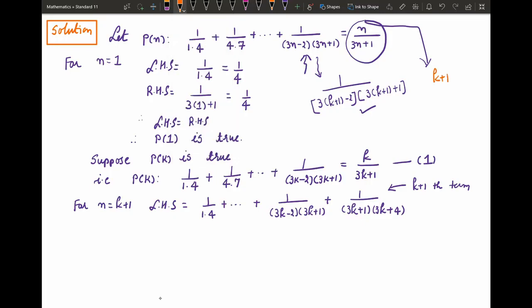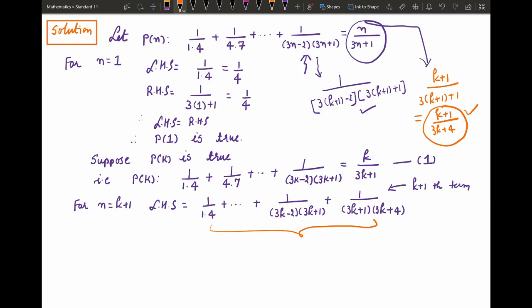So its simplification should be k plus 1 upon 3 into (k plus 1) plus 1, that is k plus 1 upon 3k plus 4.